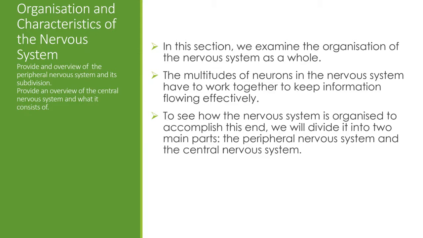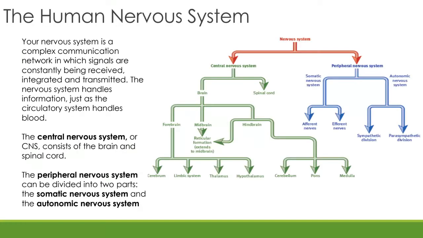So what we do now is we see how the nervous system is organized to accomplish this. And to do this, we divide it into two main parts. Our nervous system, the entirety, is divided into two main parts, the peripheral nervous system and the central nervous system. So there are two different nervous systems at play in our body.